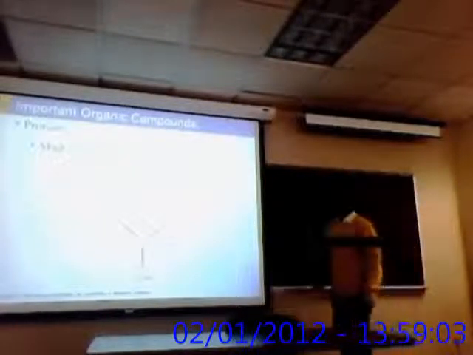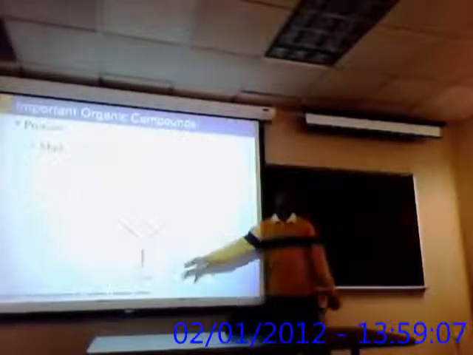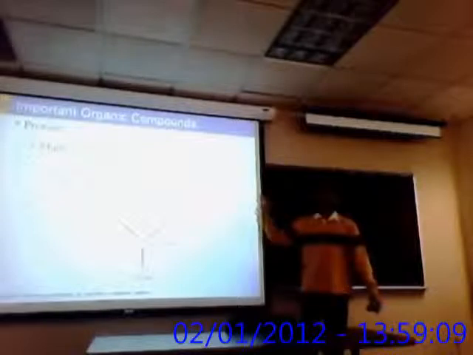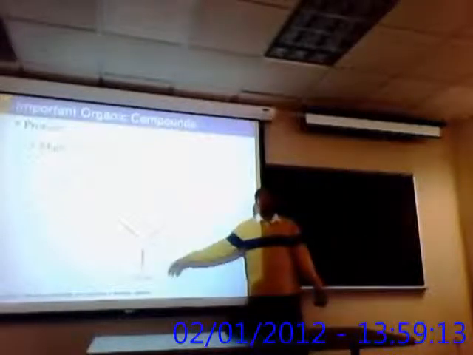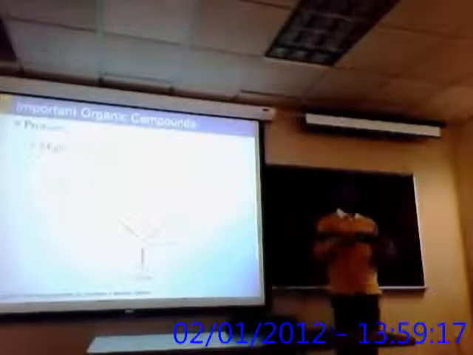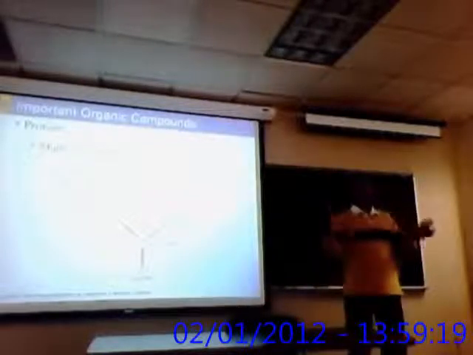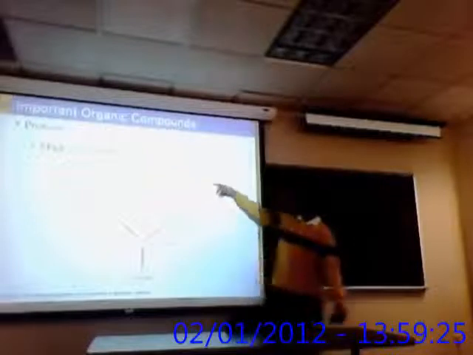Now, amino acids have this basic structure, and I'm not going to ask you to regurgitate this formula. So I don't want everyone going, oh my God, really? No, I just want you to understand what an amino acid is. All amino acids contain carbon, oxygen, hydrogen, and nitrogen.